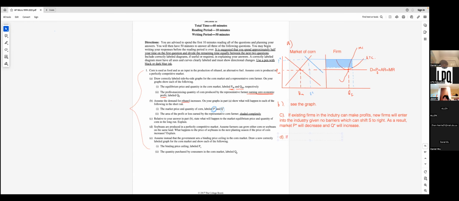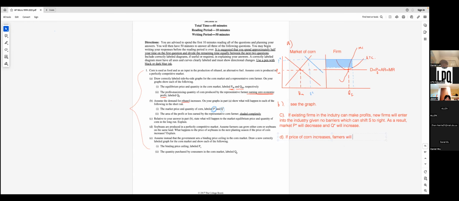Okay, so if the price of corn increases, how will farmers respond to that?